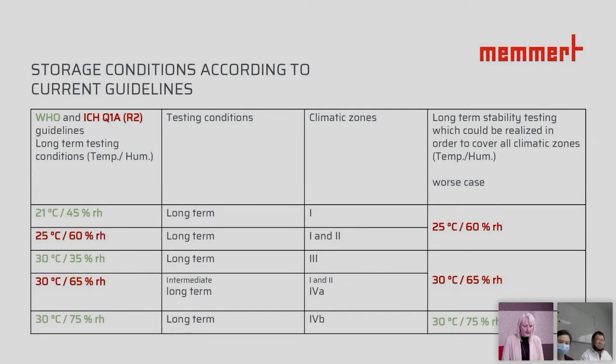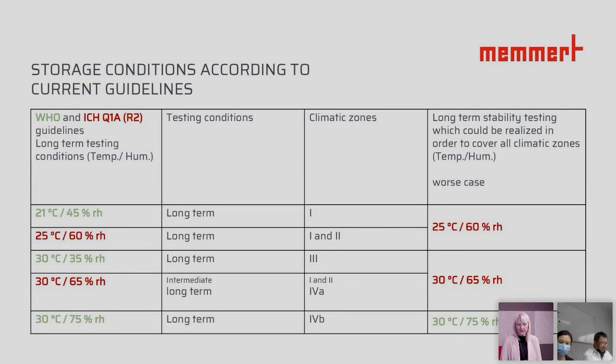For climate zones 1 and 2, it is 25 degrees and 60% RH. If it's climate zone 3, the long-term testing will be done at 30 to 35 degrees. For climate zone 4A, it is 30 degrees and 65% RH. And for climate zone 4B, the testing will be done at 30 degrees and 75% RH.